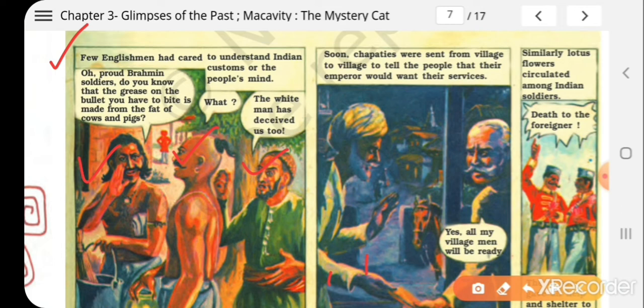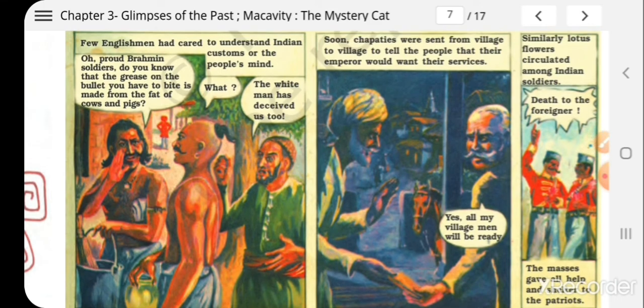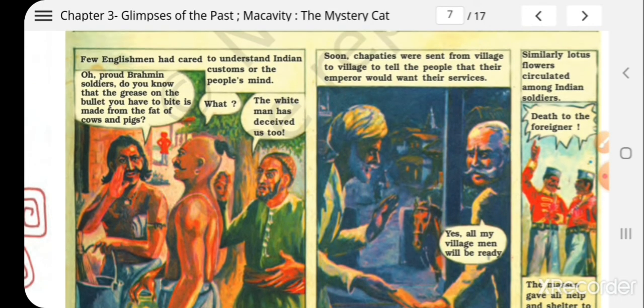Okay, so soon what happened? Now they all were very angry because it was against the religion. So soon chapatis were sent from village to village to tell the people that their emperor would want their services.